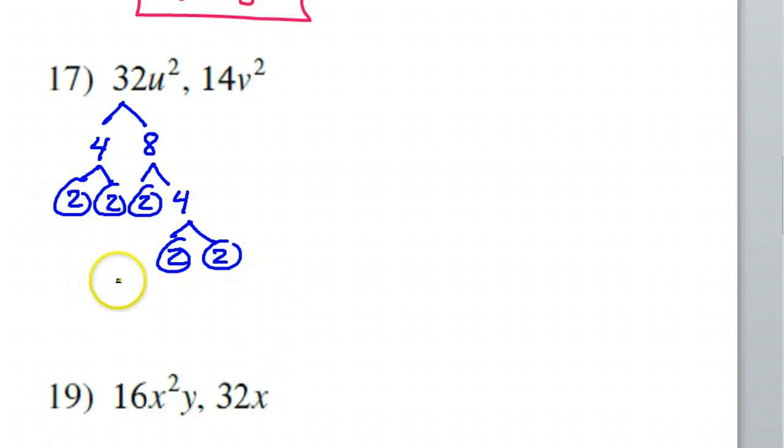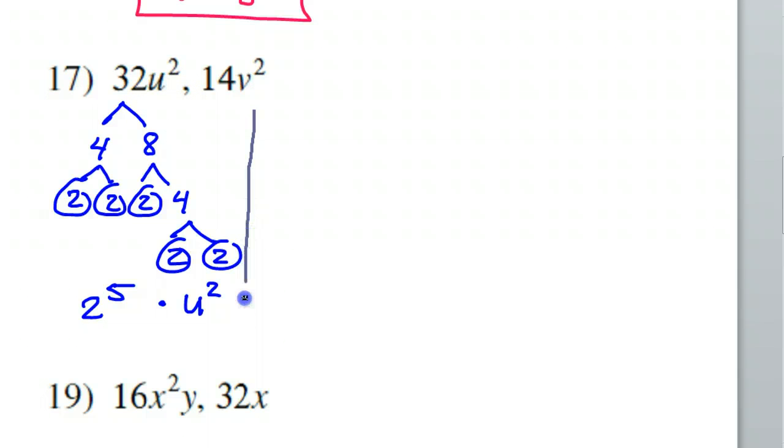So that's 5 2's. So this first one is 2 to the 5th power, and then I have times u squared. So this is the prime factorization for 32u squared.